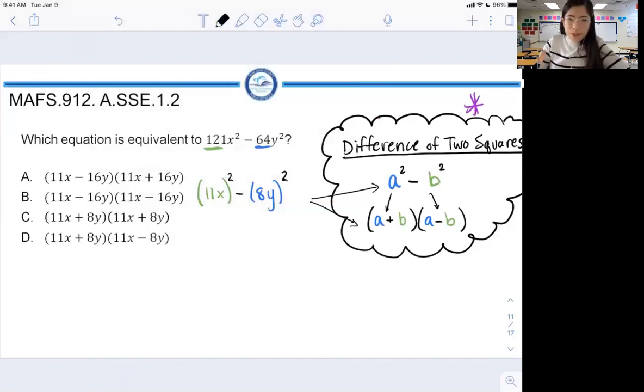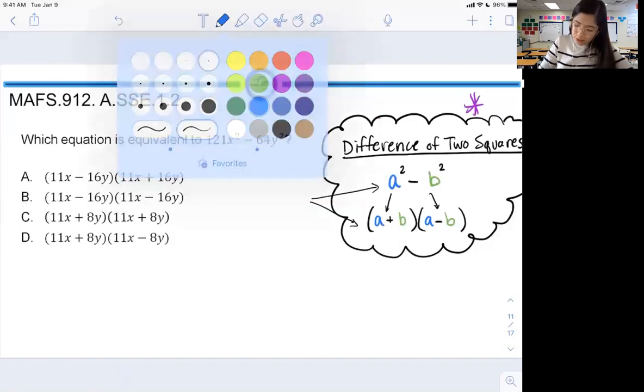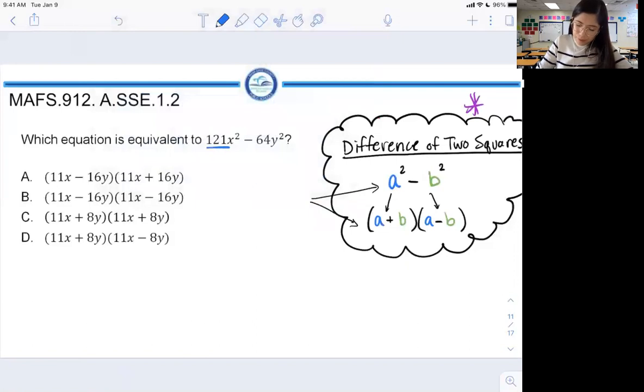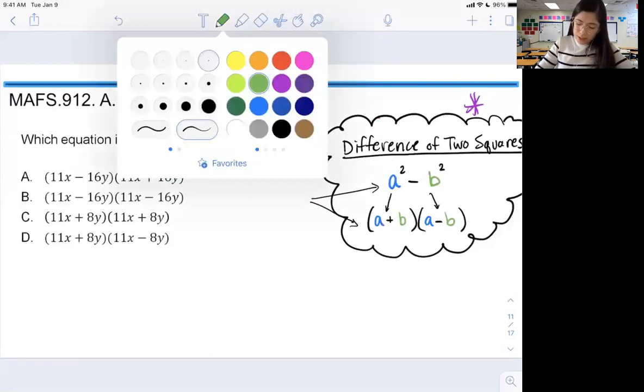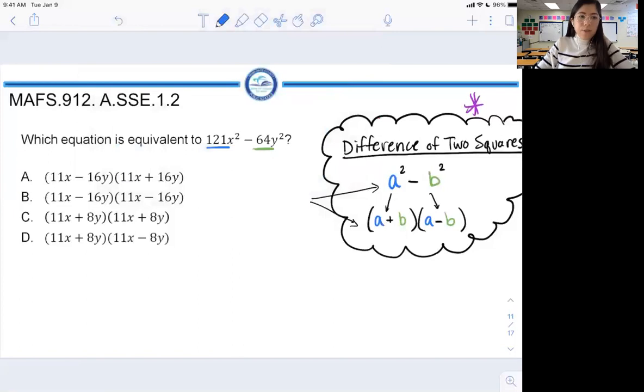Okay, let me do this again. And I'm going to actually rewrite this with the correct colors so that we can match it a little bit better. The difference of two squares has to be something to the power of 2 minus something else to the power of 2. So in this case, like we already said, the square root of 121 is 11, right?